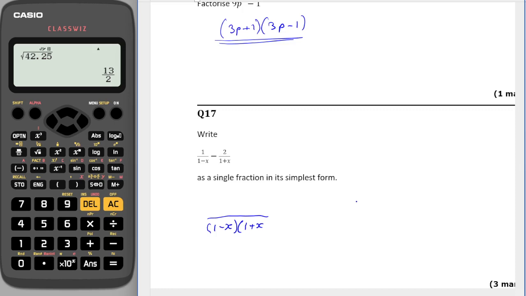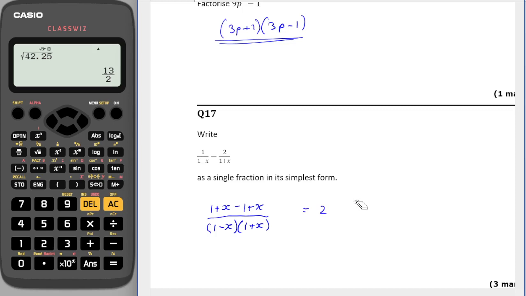To put this over that denominator, I would need to times that by 1 plus x. And then to make that over that denominator, I would need to times by 1 minus x, which is already multiplied by minus 1, so that would be 1 plus x. So that's going to end up leaving me with that and that. That would just leave me with 2x.